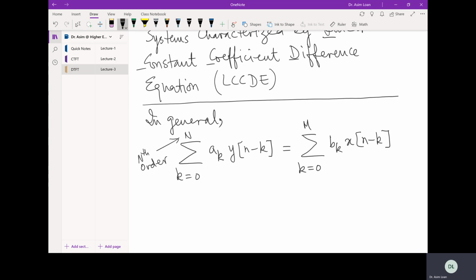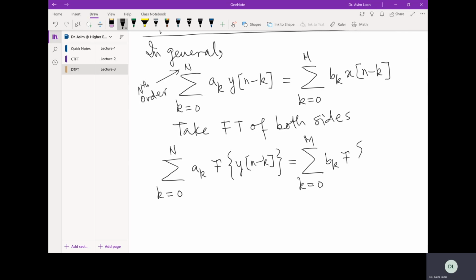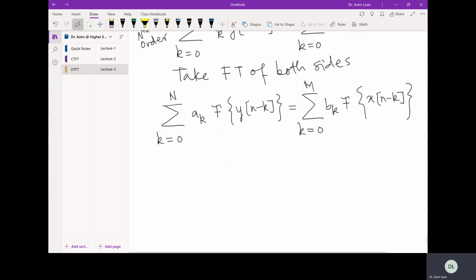If you take the Fourier transform of both sides, we get the sum over k equals 0 to N of a_k times the Fourier transform of y[n minus k] equals the sum over k equals 0 to M of b_k times the Fourier transform of x[n minus k].